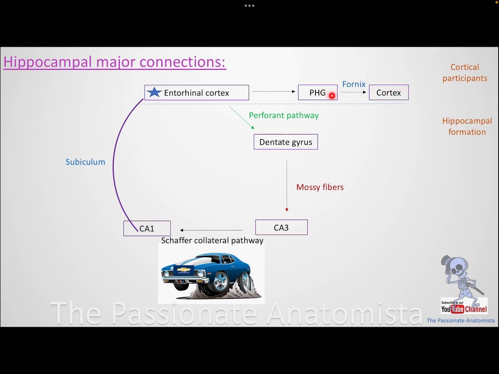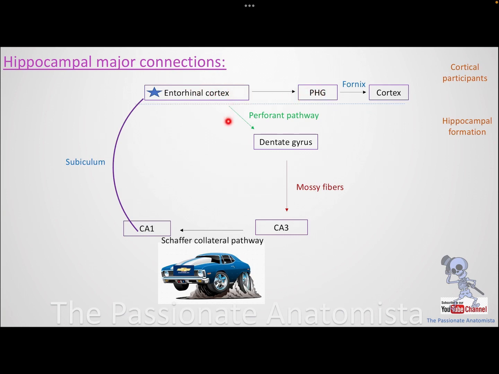By the fornix. We're going to talk about the fornix now, but remember that we had the alveus coming out from here. Remember the alveus that was taking me out from here to reach the fornix? And don't forget that the entorhinal cortex is part of the parahippocampal gyrus, guys. So entorhinal is part of it, and you can consider these two as one.